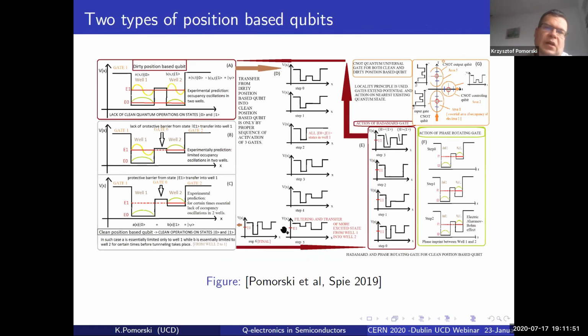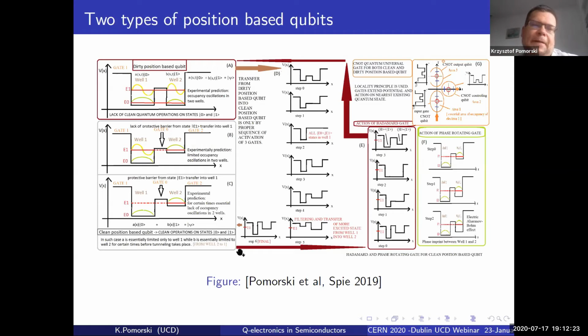All right, and then there is a possibility. In a sense, the same structure which was described at the very beginning can implement the position-based qubit. I call it a Wannier-based qubit, as two Wannier functions are used to code quantum information, and then we can transfer this quantum information into an eigenenergy-based qubit.